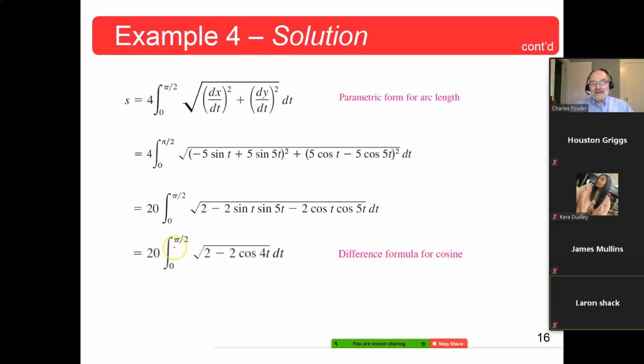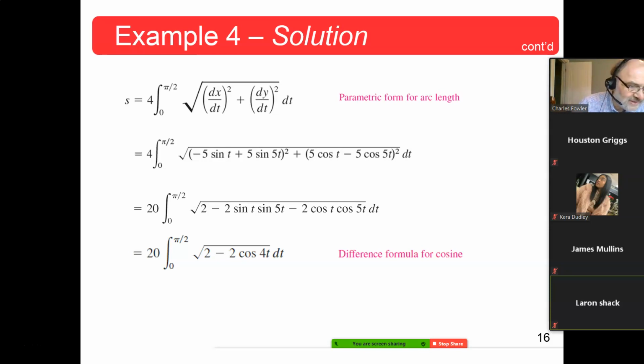Now we need to integrate this one. It looks like possibly a u substitution has some promise, except you don't have a sine on the outside and you needed that for a u substitution. So we've got to deal with something else here, and that then is the double angle formula.